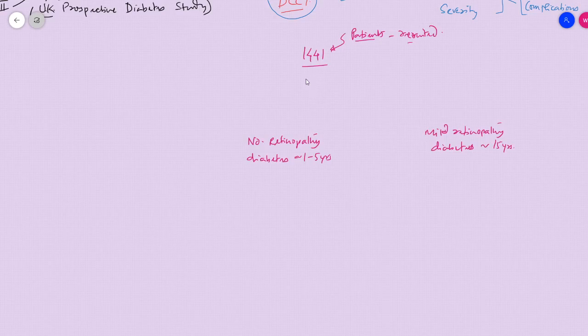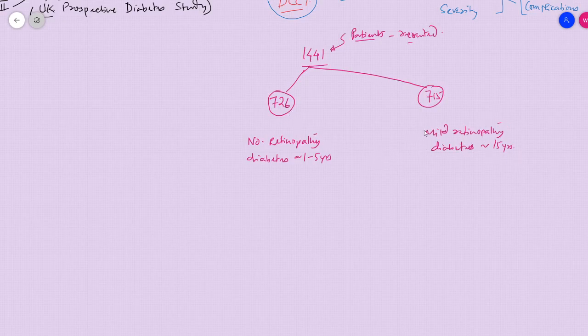So they had 726 patients belonging to this criteria, and 715 patients belonging to this criteria. What is evident here is that these patients are more advanced; they have more advanced disease.